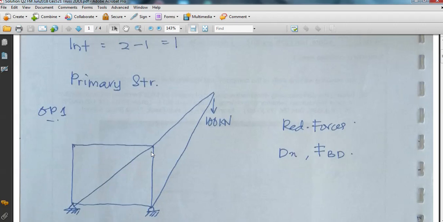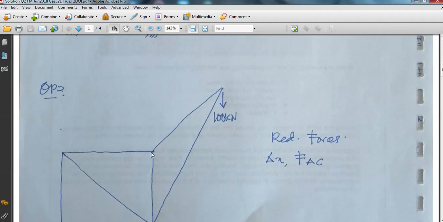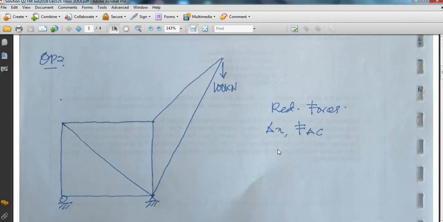You remove it already to sketch your primary structure, because your primary structure must be statically determinate. This is option number 1. Option number 2, you can remove AX and the force in member AC. You remove AX, meaning the support at A becomes a roller, and you remove member AC.